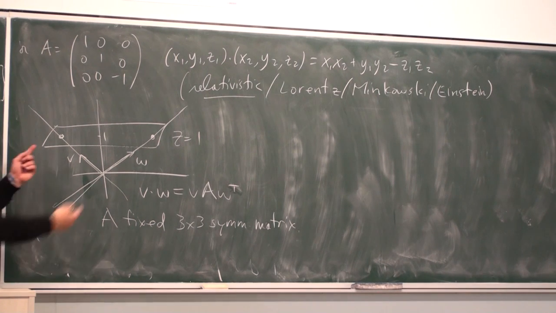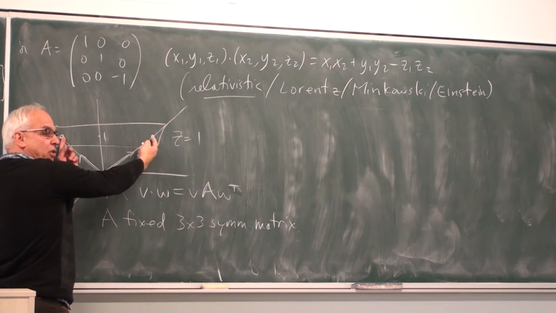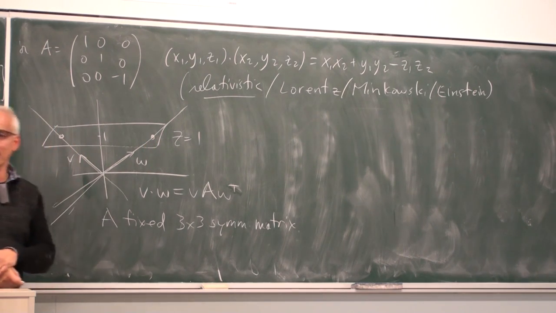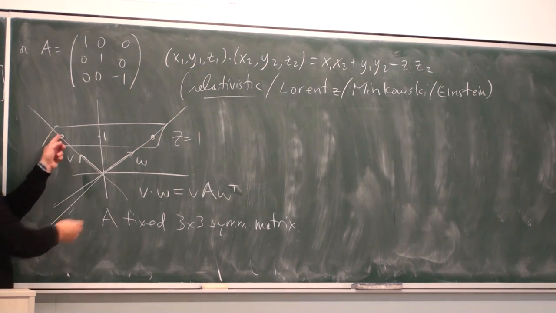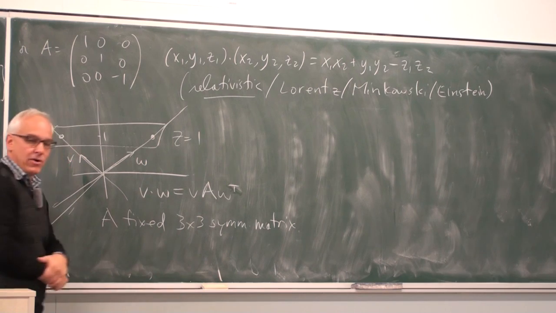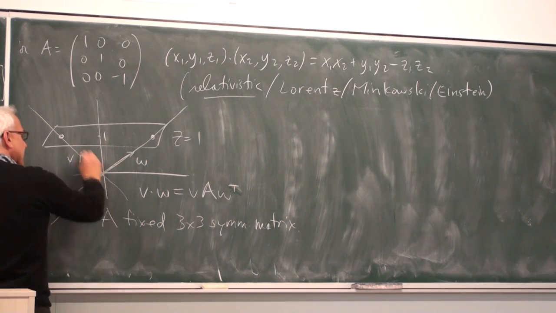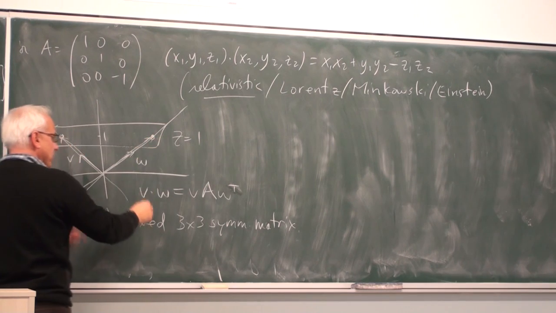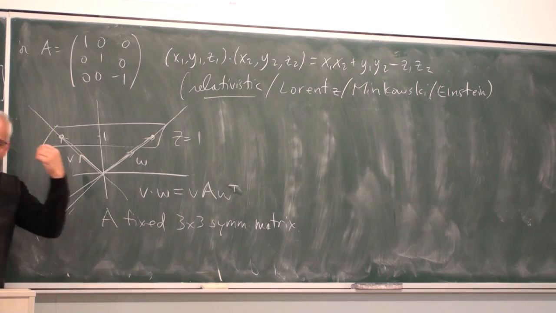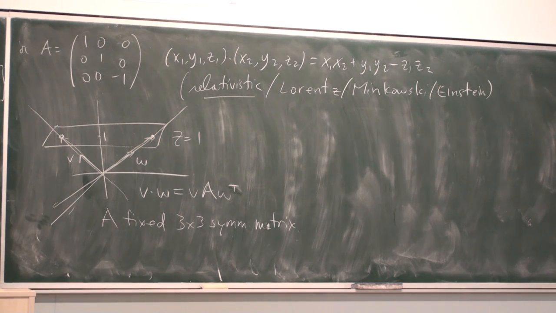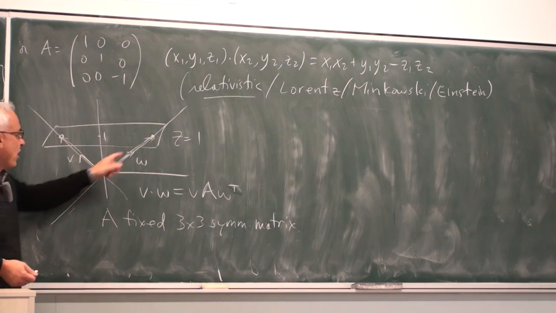So does it make sense to talk about the dot product between these 2 points? Well, not really, because these 2 points are just representing these entire lines. We're not actually talking about this particular vector and this particular vector. These 2 points that we're drawing represent the entire lines. So it doesn't make any sense to say it's this vector dotted with this vector.